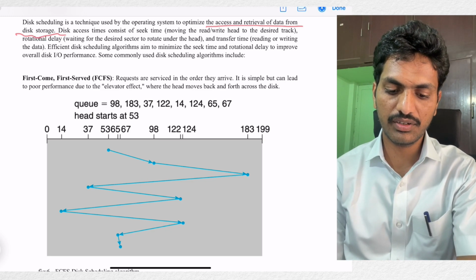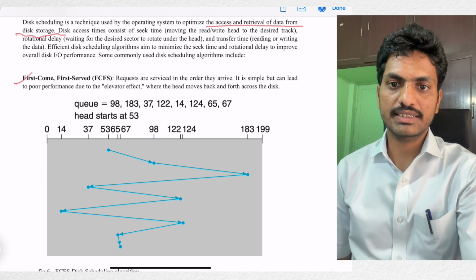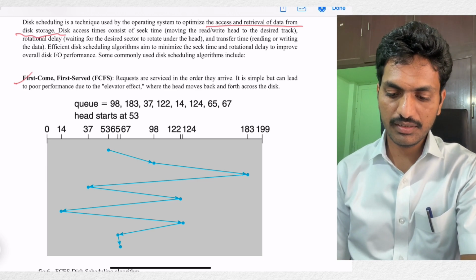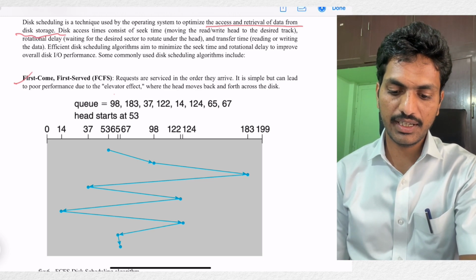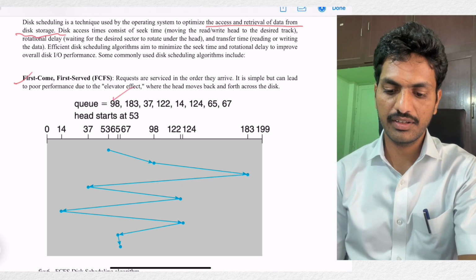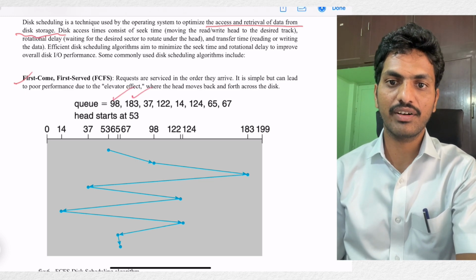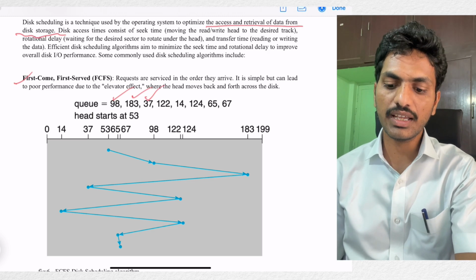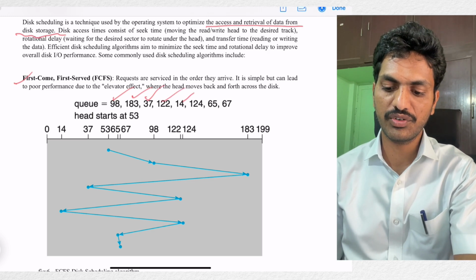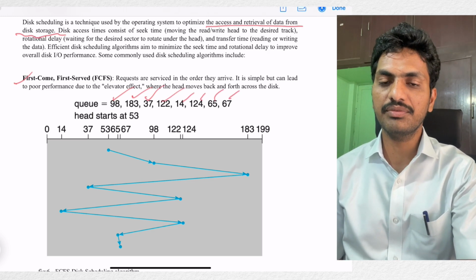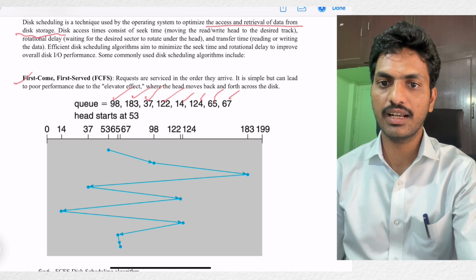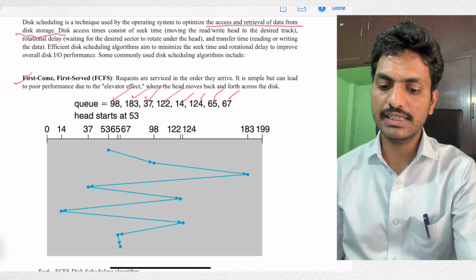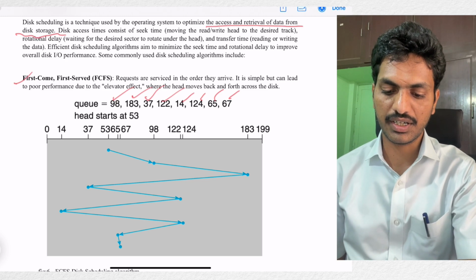First algorithm, we are looking at is first come, first serve. So the first request is for location 98, then 183, then 37, and then 122, 14, like that. This is the order of the requests for data locations to read the data.